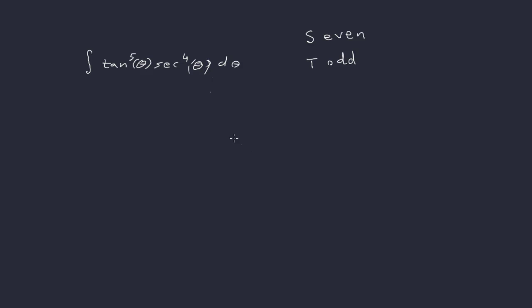All right, so we could have actually also approached this with the tan power being odd, by breaking off a secant theta tangent theta, and let that be our du so that our u is secant theta.